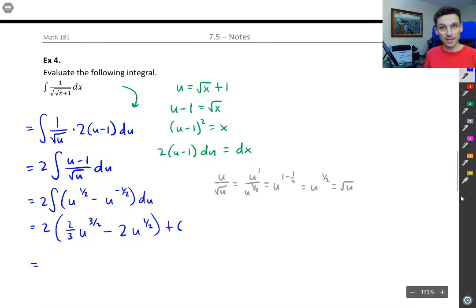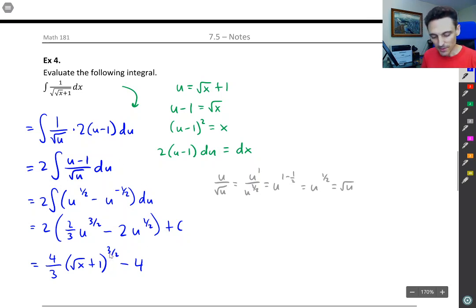Now the last step would be to distribute the 2, and then also replace the u's with the square root of x plus 1. So when we distribute the 2 here, we'll have 4/3, and then the square root of x plus 1 to the 3/2. Distribute the 2 to the other 2 to get 4. And then here, usually when we start with radicals, we'll just try to end with radicals if we can.